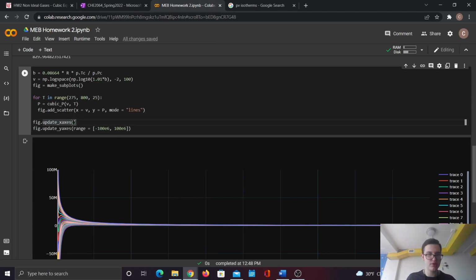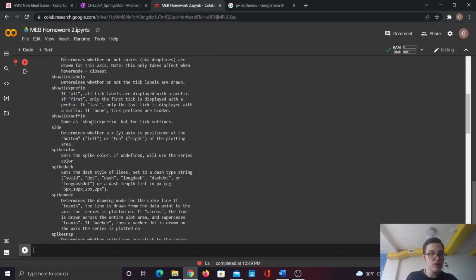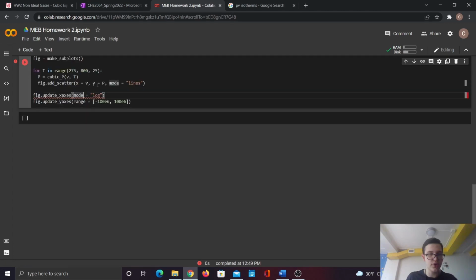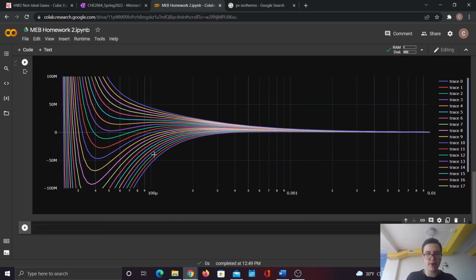Let's try type. Let's try mode first. Mode equal to log. Shift Enter? No. Okay, I don't need that. X. Try type. Oh yeah, that looks much better.